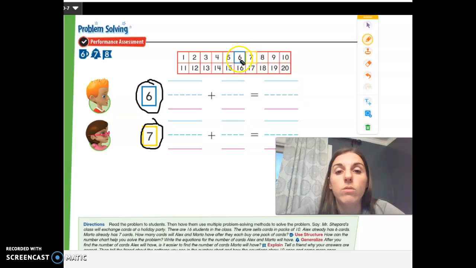So I want you to think by looking at your numbers here, if he has a pack of 10 cards added on to the number he already started with, how many cards will he have to end? And if she buys 1 pack from the store that comes with 10, and the number that she started with, how many will she have at the end? I think you can do that. And it's only one problem, but I think you can get it.